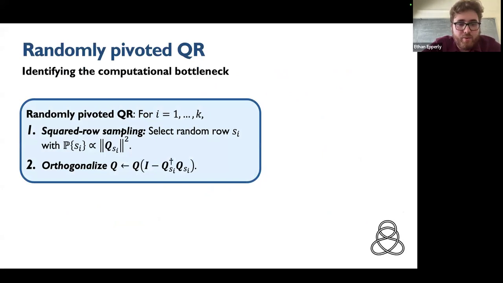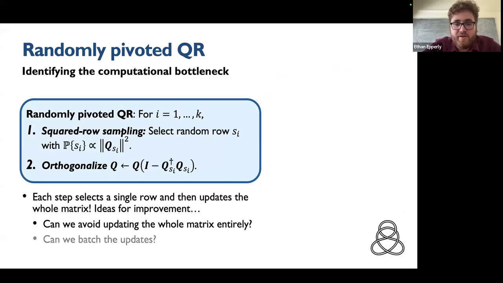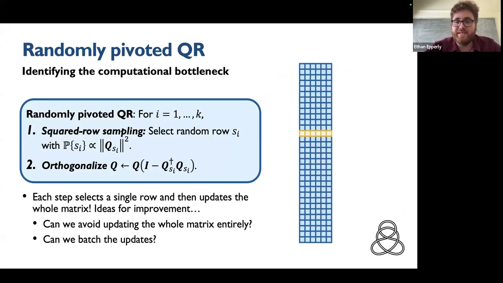All right, so randomly pivoted QR, this main subroutine in adaptive randomized pivoting, is very sequential. At every step, this algorithm selects a single row of the matrix, which is a tiny fraction of the matrix, and then it orthogonalizes the entire matrix against that one single row. And so this is expensive for two reasons.